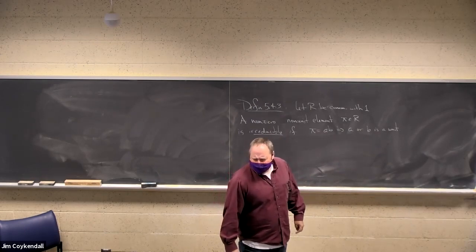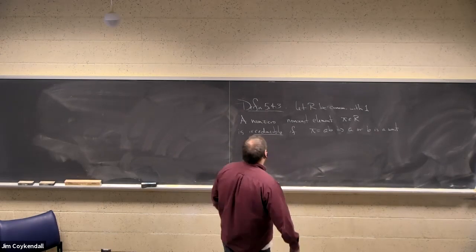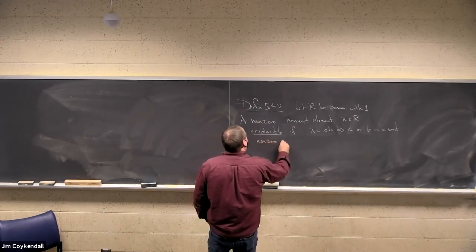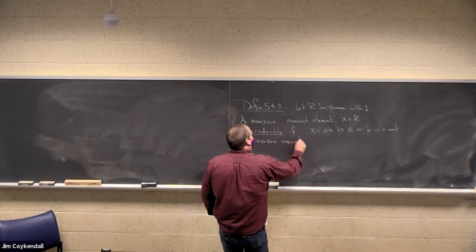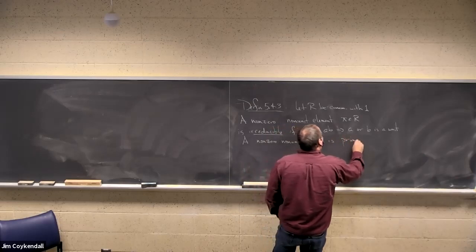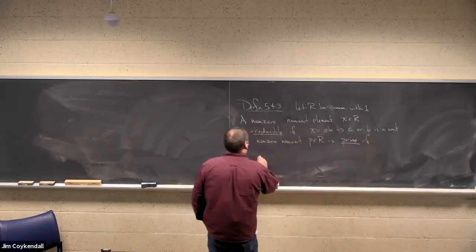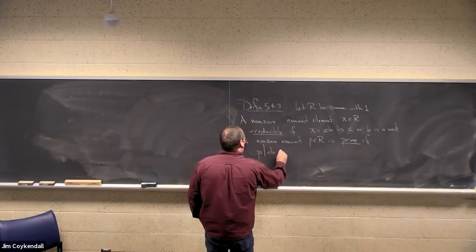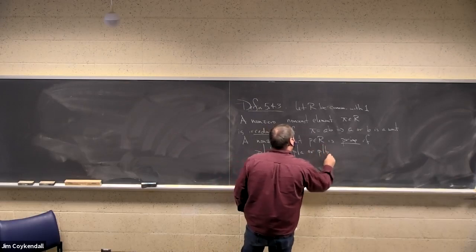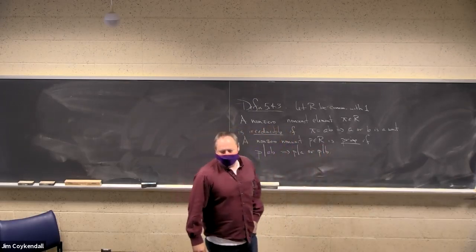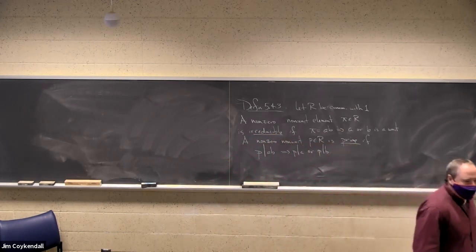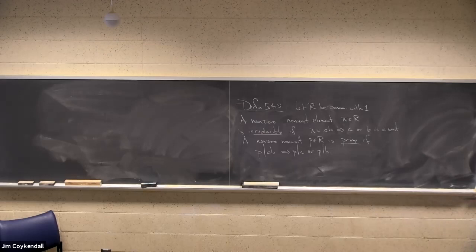Now, the definition that is pretty constant here: non-zero, non-unit, is prime if it divides AB implies it divides A or it divides B. How many of you have seen both of these definitions used to describe prime integers?